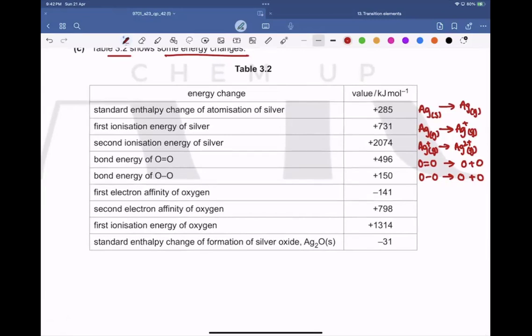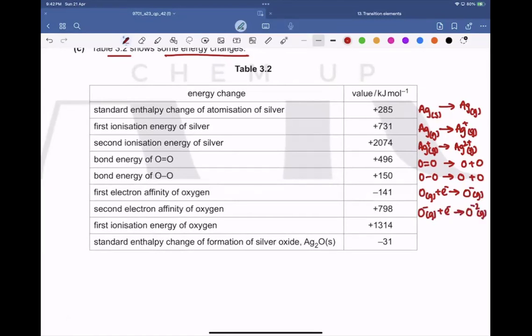Okay. Then first electron affinity of oxygen means when the gaseous oxygen atom gains 1 electron and turns into a gaseous -1 ion. Second electron affinity of oxygen means when the gaseous oxygen -1 ion gains 1 electron and forms a gaseous 2 minus ion.